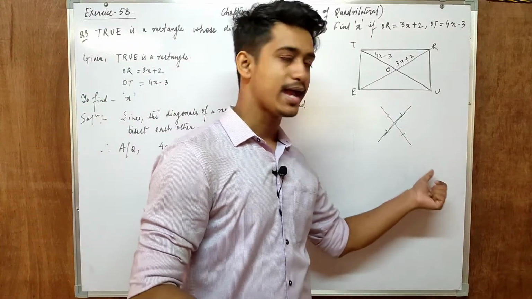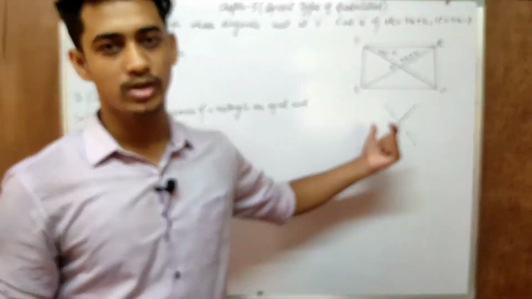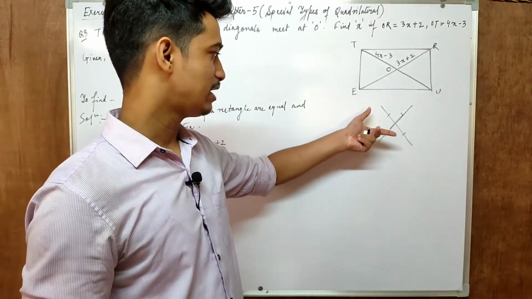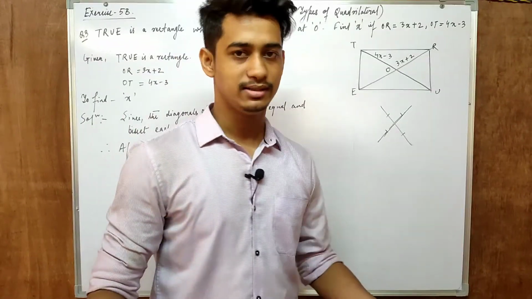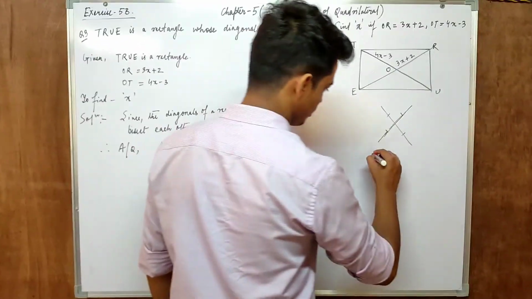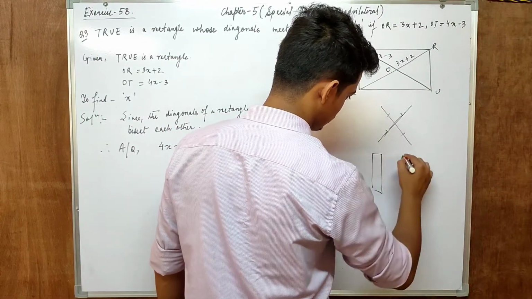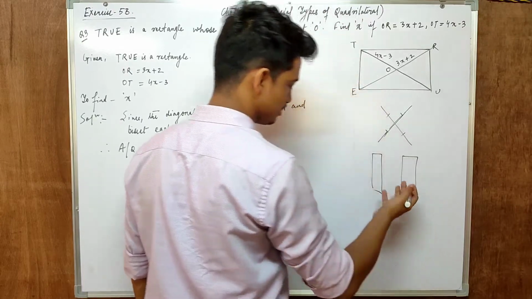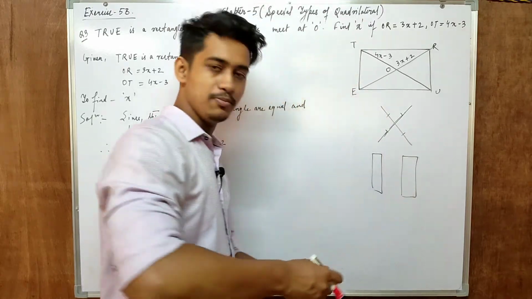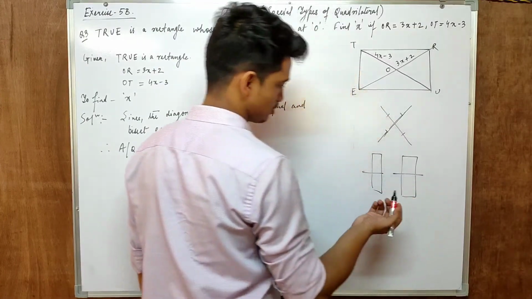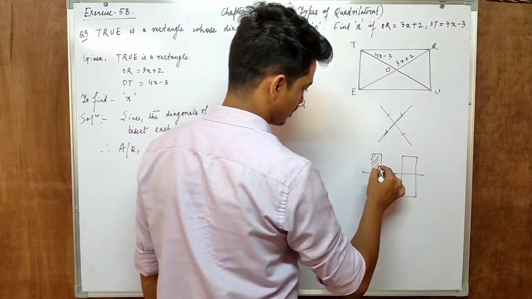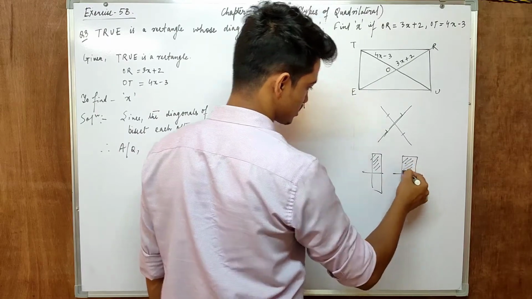Because the lengths of the two diagonals are equal, and when we bisect it, when we cut it into two equal parts, then definitely, if you see that a 30 centimeter scale breaks down into 15 centimeter parts, this part of the scale is equal to this part of the scale.